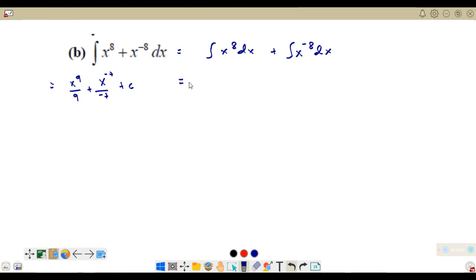Pero kung kayo ay nalilito kung paano to nakuha, pwede kayo mag-settle dito. So, we have plus x raised to the negative 8 dx. Ayoko talaga na mahaba. Pero, pwede nyo yung gawin.